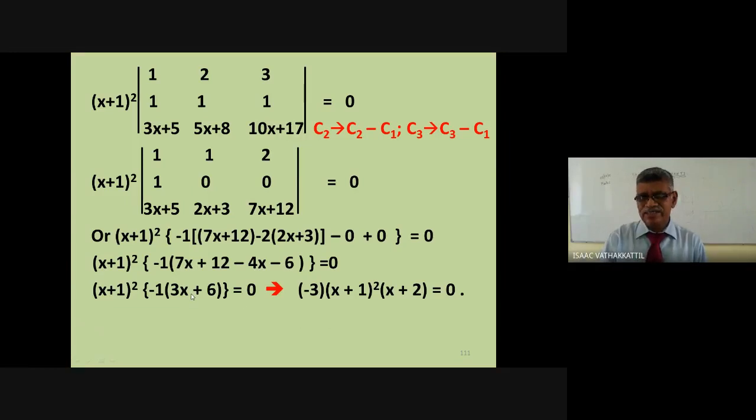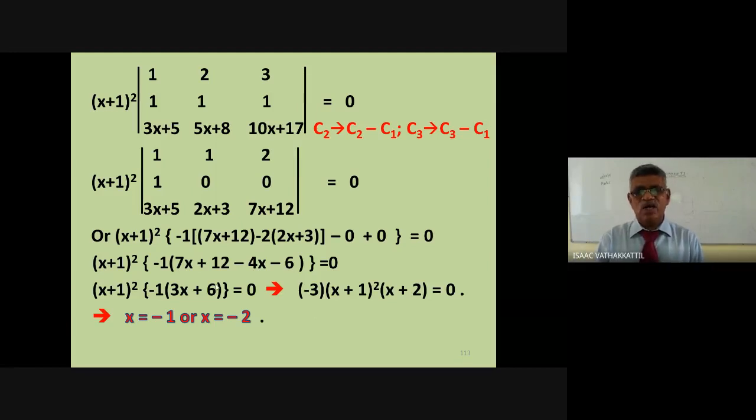Which shows that either x plus 1 squared equals 0 or x plus 2 equals 0, so x equals minus 1 or x equals minus 2.